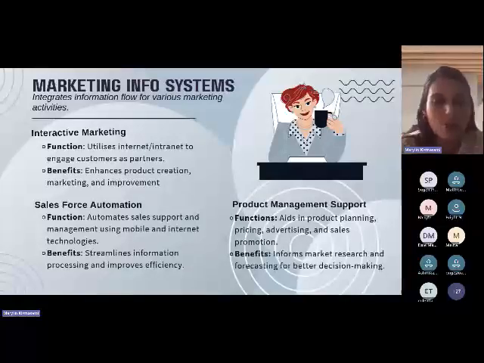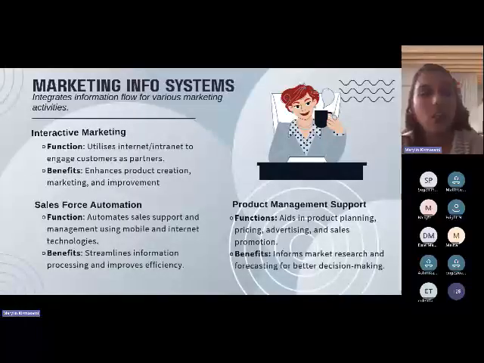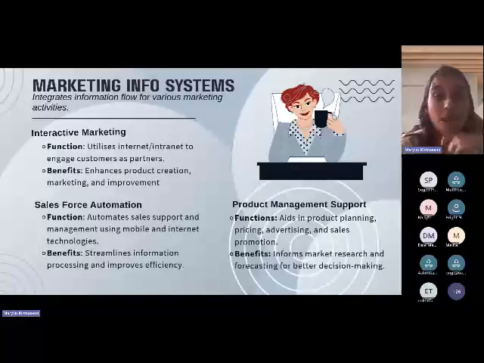Specific to marketing, it ensures that your marketing efforts are data-driven, efficient, and customer-focused. The system is designed specifically for your organization, allowing it to function based on the needs of your business from a marketing perspective.